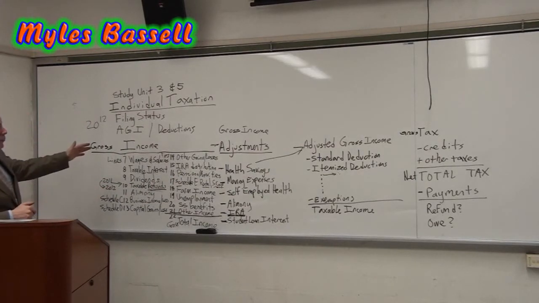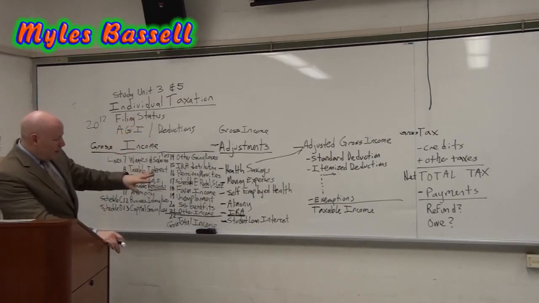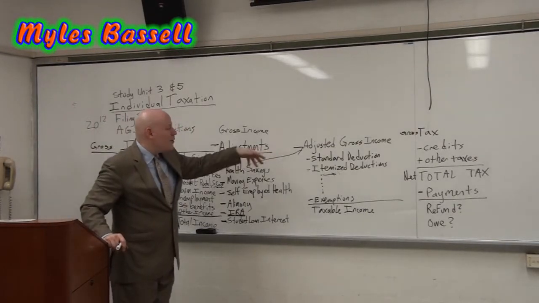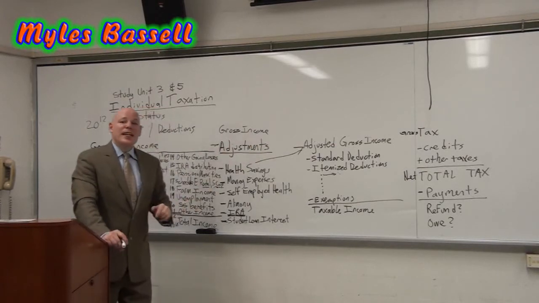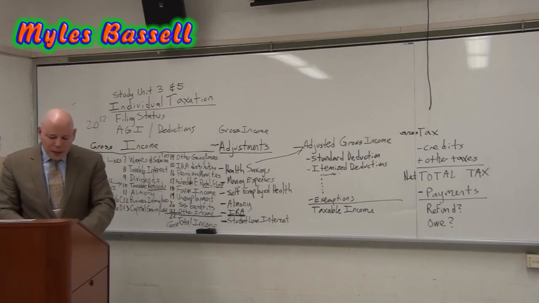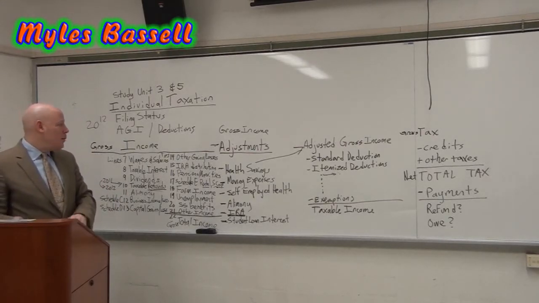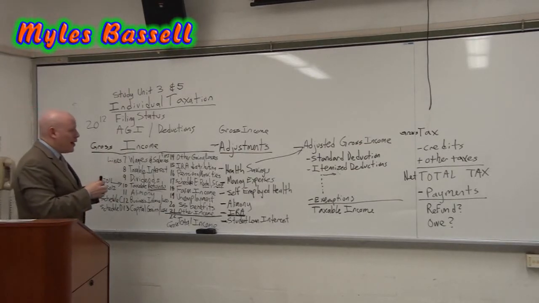So we have our income. We subtract from our gross income the adjustments, which leaves us with our adjusted gross income. Then we need to decide whether or not we're going to use a standard deduction or an itemized deduction. Now remember, last time we also talked about filing status.